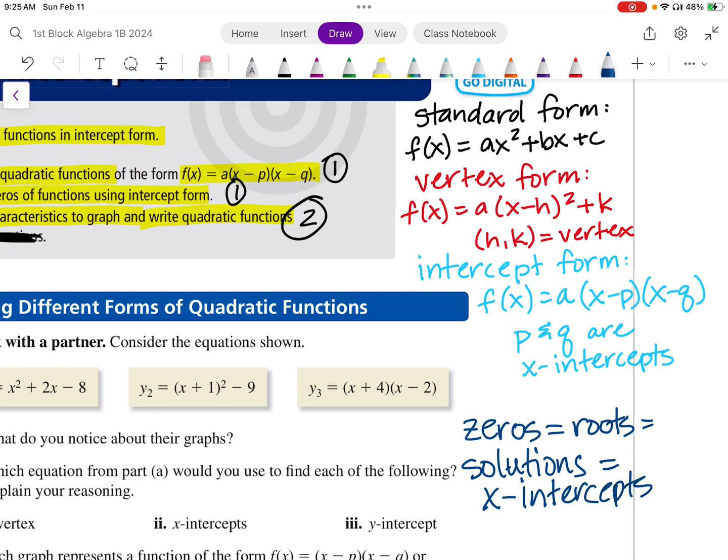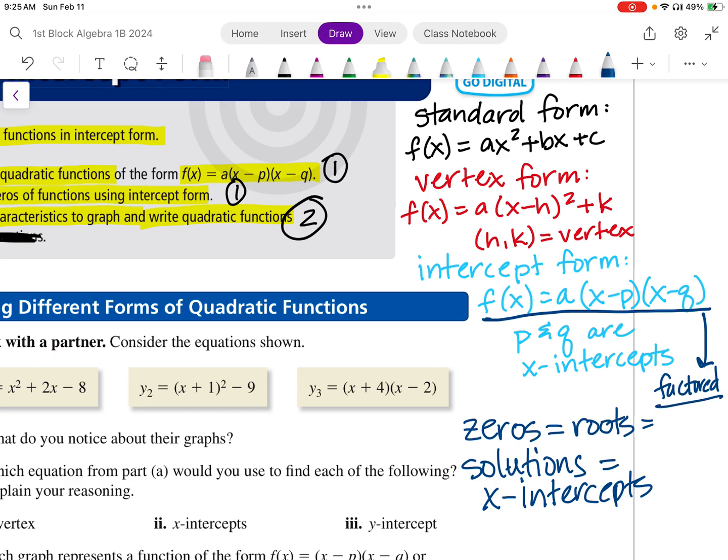So if we think about it this way, and we know that we find zeros and roots, or solutions from a factored equation, that's all that intercept form is. F of x equals a times x minus p times x minus q. This is factored.